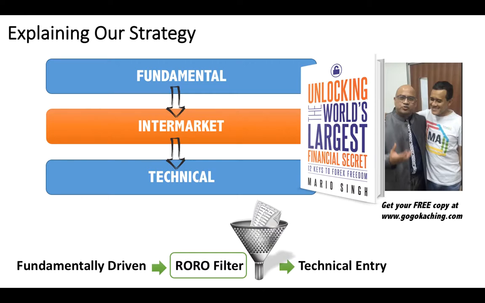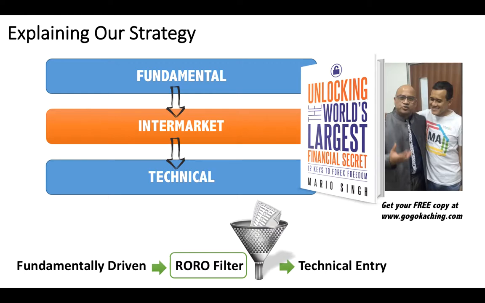Now, what I'm going to introduce here is in the middle there, before the fundamental and technical, there's something called intermarket analysis. This is where you need to know that even if you're trading Forex, you need to know what's happening with equities, with commodities, with the treasury bonds, and all of that in order to make a very high probability decision when you are entering your trades.